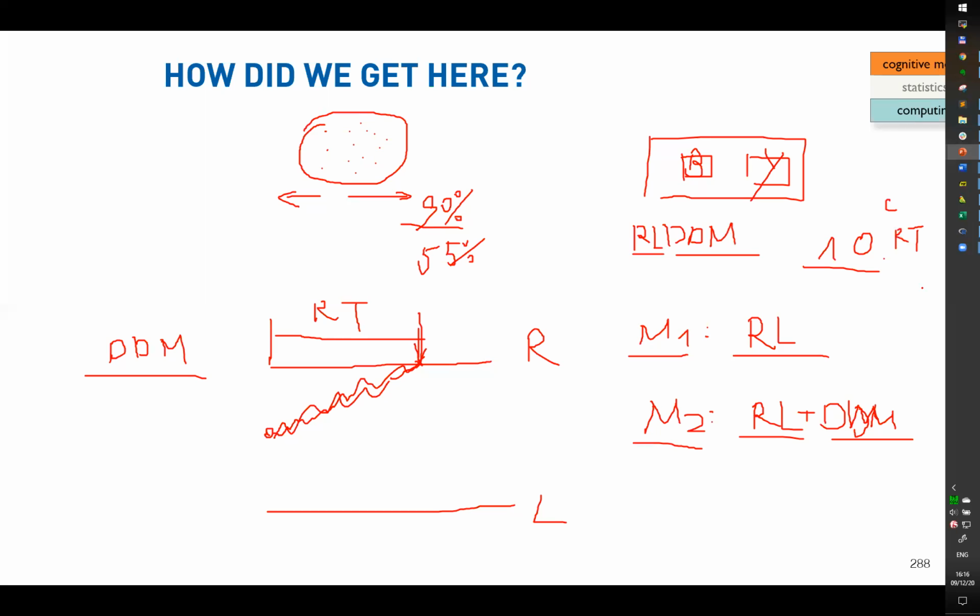And we come up with two models. For one, we only consider the RL part, and for the second, we consider the combination between RL and DDM. We find out maybe M2 is better than M1 or worse, doesn't matter. So can we really compare these two? Does the comparison make sense to conclude that one is better than the other, or does it make no sense at all?